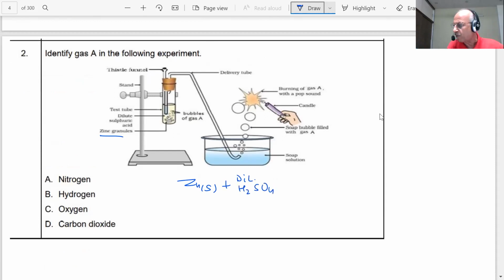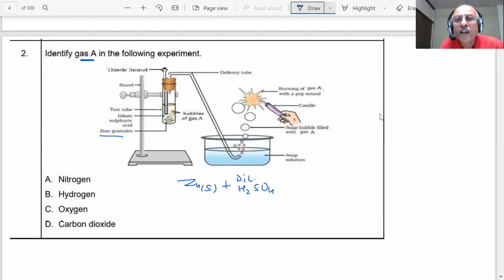Now what is going to happen? As you can see in the diagram, this is a boiling tube, and the gas is being produced, bubbles of gas A. Identify the gas A. Bubbles of gas A are passed through the soap solution. You already know, when I pass it through soap solution, there will be soap bubbles which will have the gas coming with it.